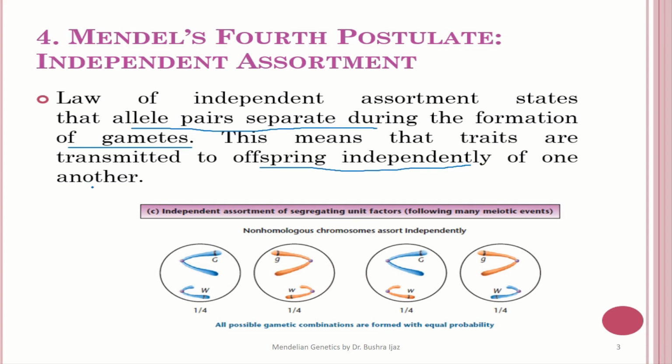In other words, when two independent events occur simultaneously, the probability of the two outcomes occurring in combination is equal to the product of their individual probabilities of occurrence.